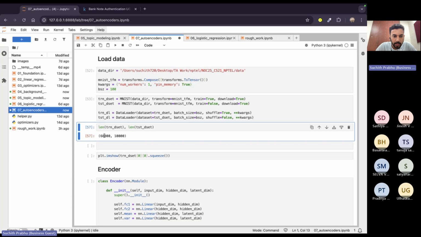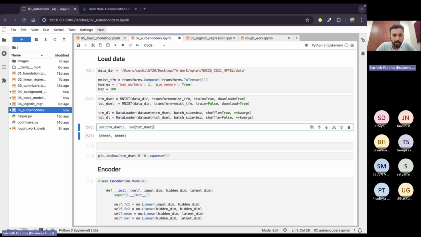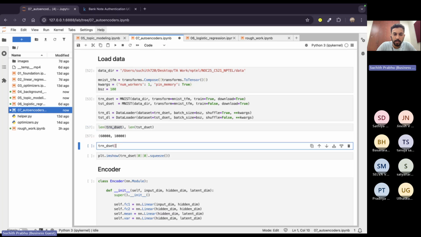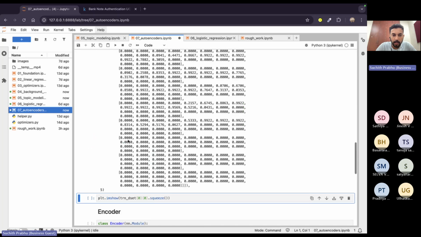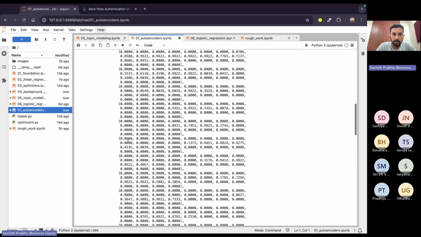So in the train there are 60K data points, and in the test there are 10K. Okay, so let's go ahead and plot an image. When we index into this, it returns two things: the image as well as its class.